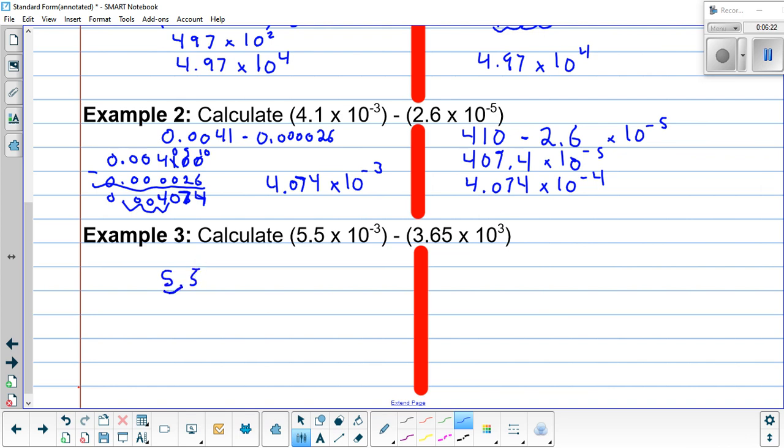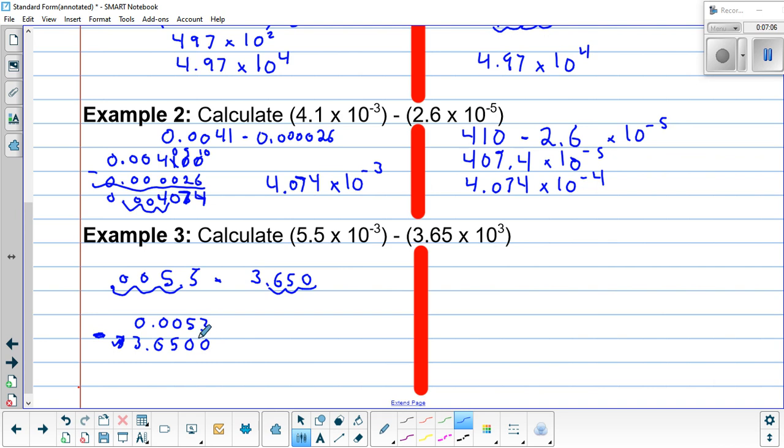So here we have 1, 2, 3. So we have 0.053, and we're going to be subtracting that from, well, here we're going to get a lot bigger. So 3.65, we're going 1, 2, 3. So here, what are we going to have to do?